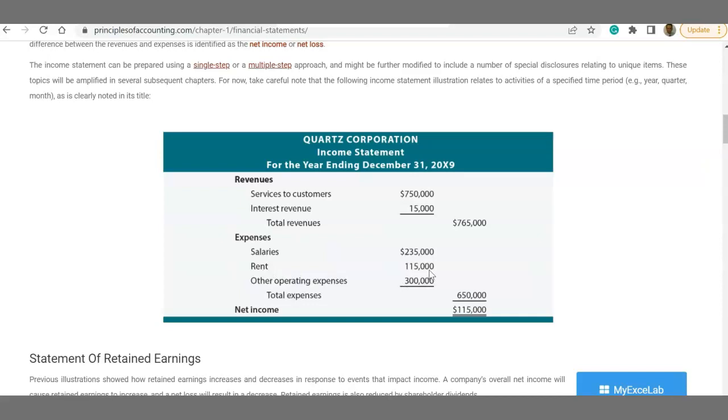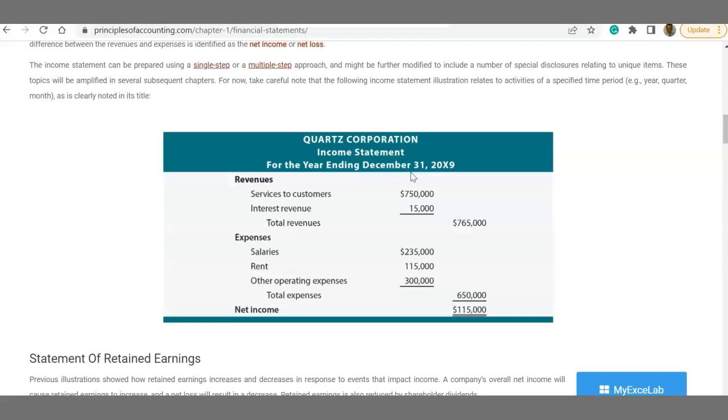Rent is a $115,000 expense. It doesn't mean they already paid for it. They might pay only $100,000, but another $15,000 they still have to pay, but it doesn't matter. You record the expense. Under GAAP, whatever happens in 2019, in this example, stays in 2019, just like Vegas.